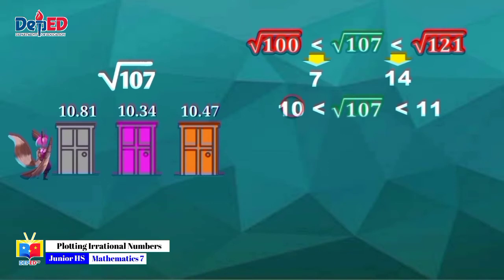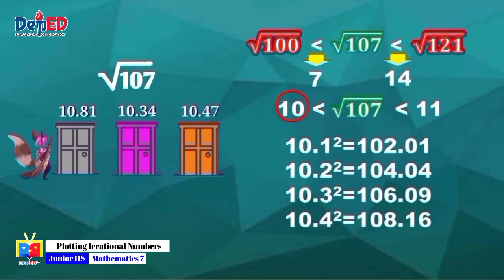Therefore, square root of 107 is closer to 10. It may be 10.1, 10.2, 10.3, or 10.4.